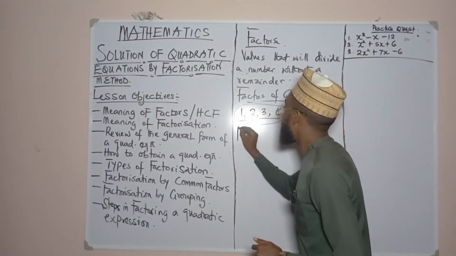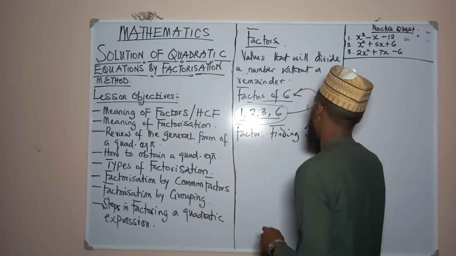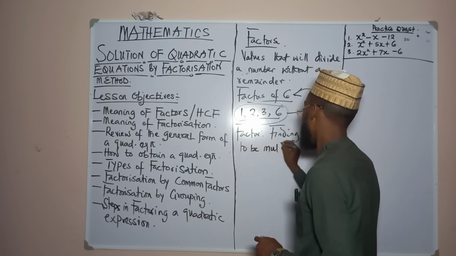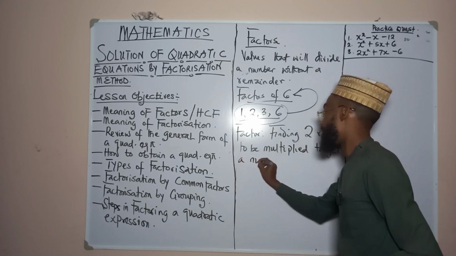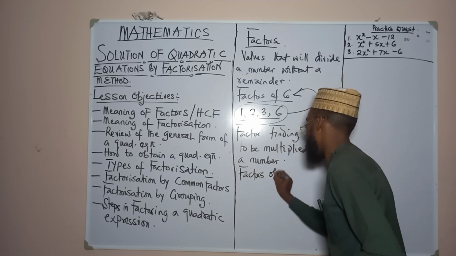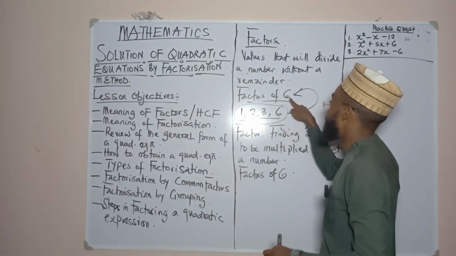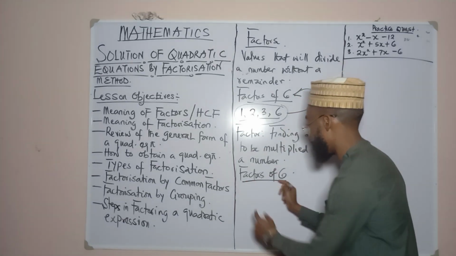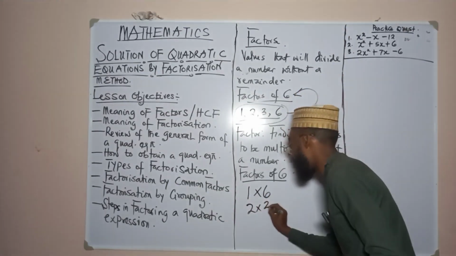Invariably, we can also look at factors as finding two values you multiply together to get a number. So if I ask you now, give me the factors of 6, and you do not want to think through the process of finding numbers to divide 6, you can find any two numbers you can multiply together to get 6. 1 times 6 will give us 6. 2 times 3 will also give us 6.